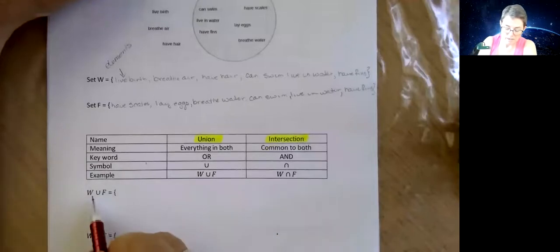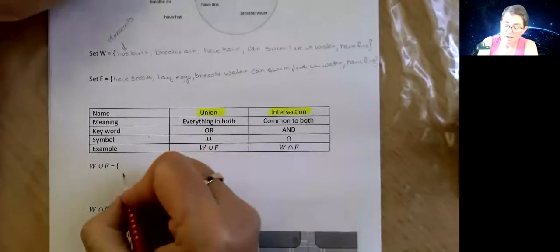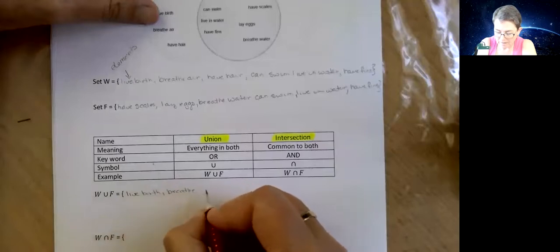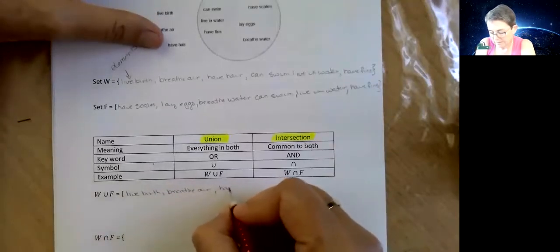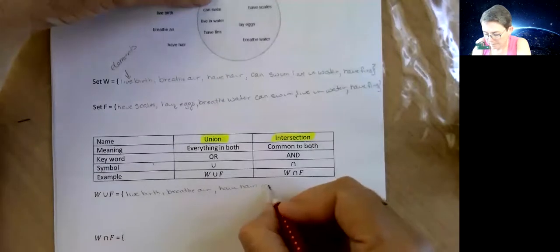Okay, so if we're going to do whale, union, fish, then I would write down everything that is in both of those circles. So, live birth, breathe air, have hair, and then we need can swim.